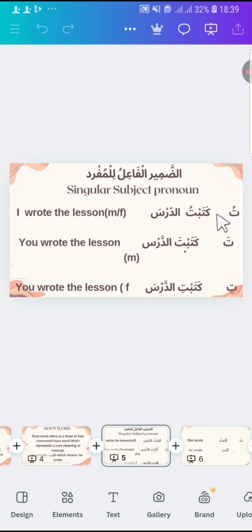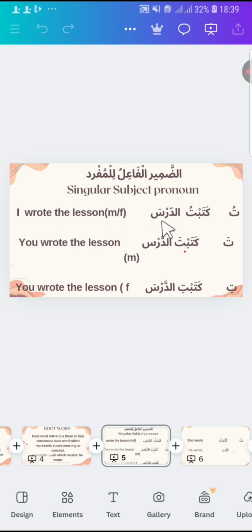As we explained in a previous class, when you have alif lam attached to the beginning of a noun, it means "the". So katabtu, I wrote; darsa, lesson. Katabtu darsa, I wrote the lesson.